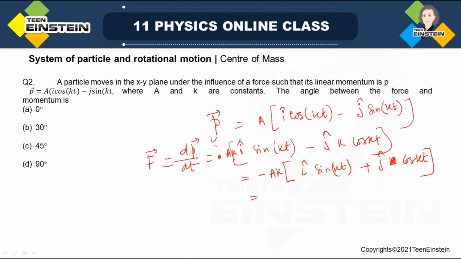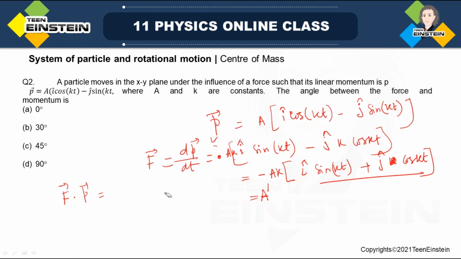So this is the force, and this constant doesn't matter over here, it is the direction that matters. So if we find the dot product F dot P, then we know how to calculate the angle between two vectors, right?